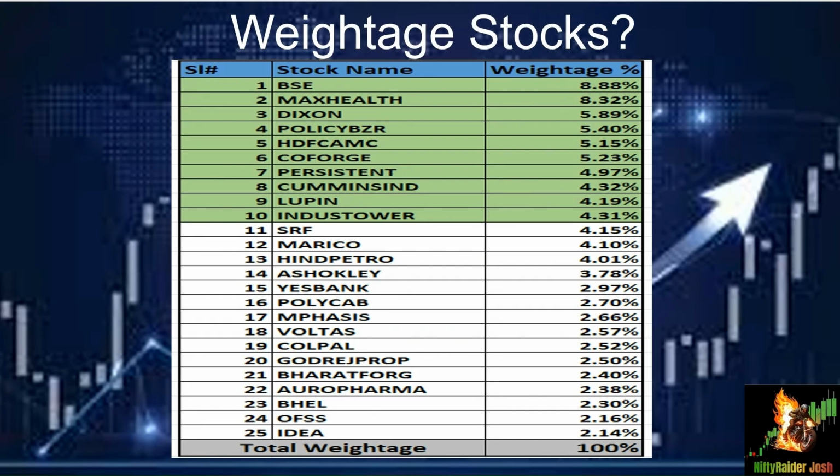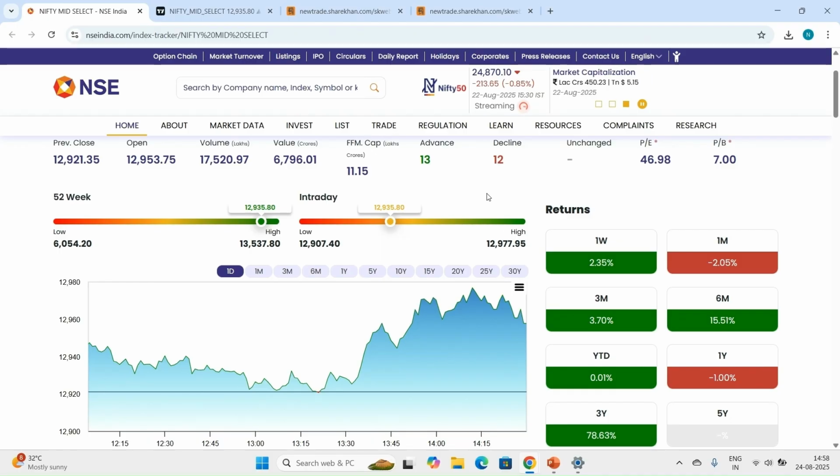Let us take a look at the live chart and understand where we can see the performance of this midcap during the trading hours. So this makes more sense. Once we know how these stocks are moving, it becomes very easy to build a position.